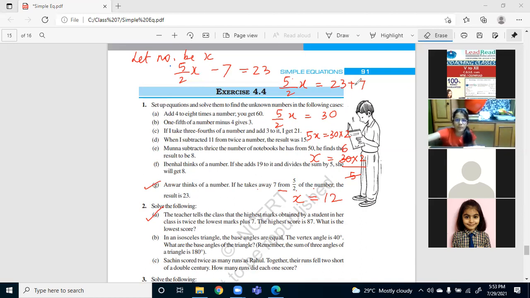Ma'am, yes, can you explain this part? This part of the question.